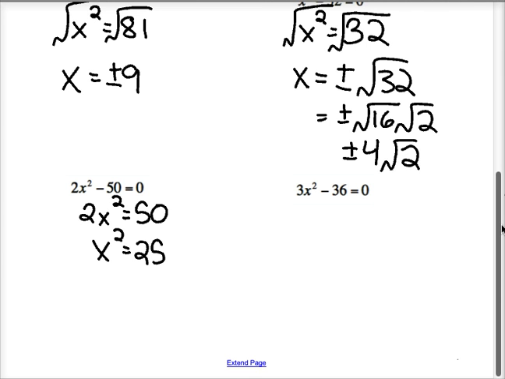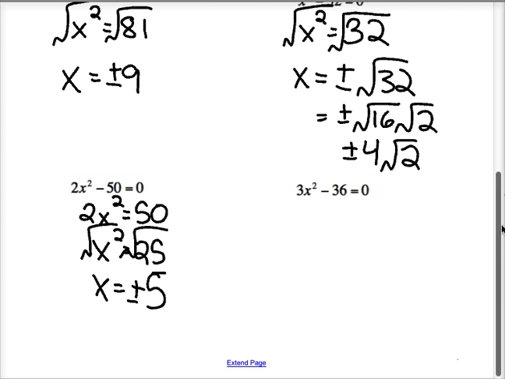Now that I have my x squared term by itself, now I can square root both sides to give me just x. Never forget your plus or minus. Square root of 25 is actually one of our nice perfect squares. That's just going to give me plus or minus 5.